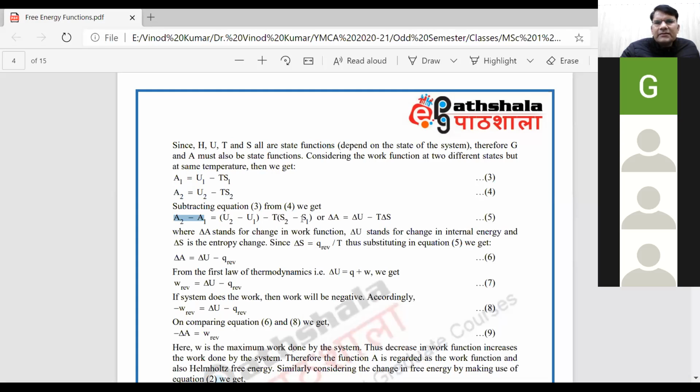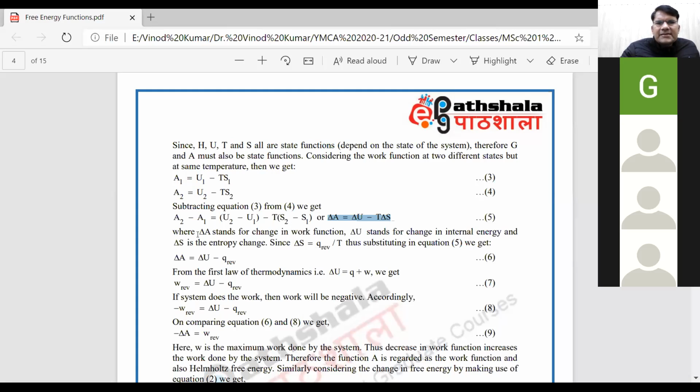On further simplification, delta A will be on the left hand side, because A2 minus A1 we define as delta A. U2 minus U1 is delta U, and T is common, S2 minus S1 we keep as delta S. So the change in the work function A is equal to the change in internal energy minus temperature times the change in entropy. That way we have calculated the change of the work function A.